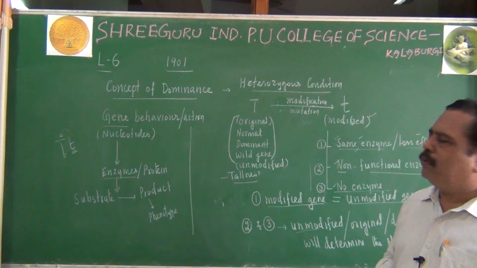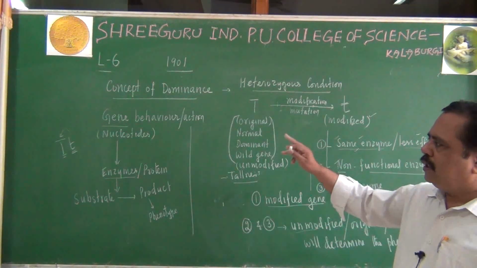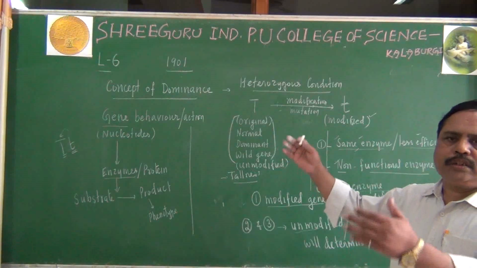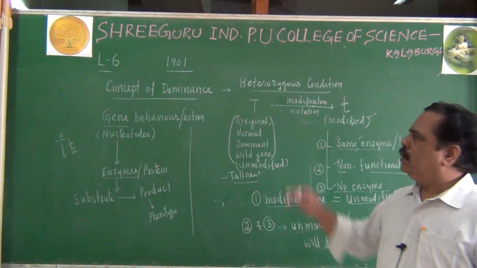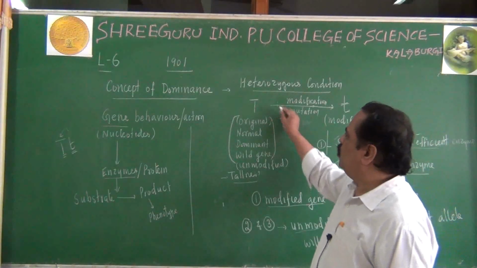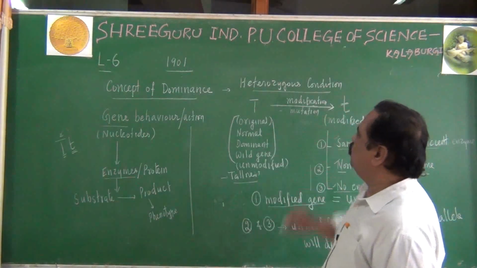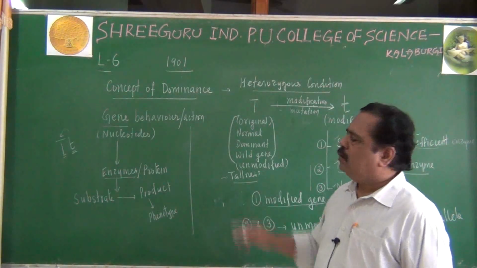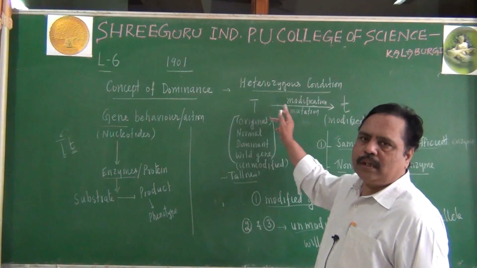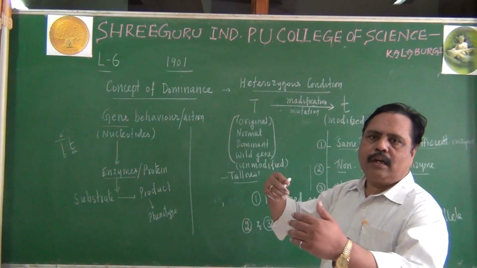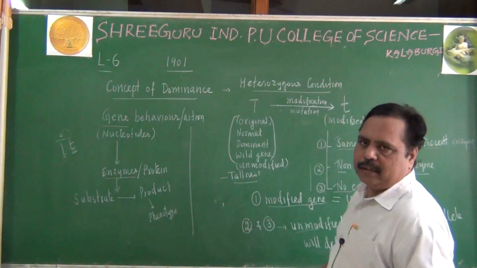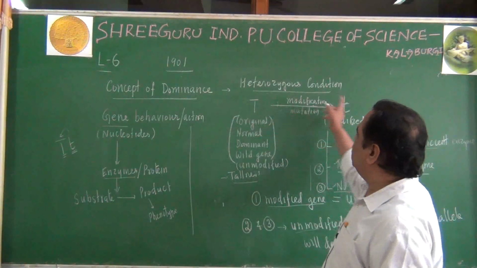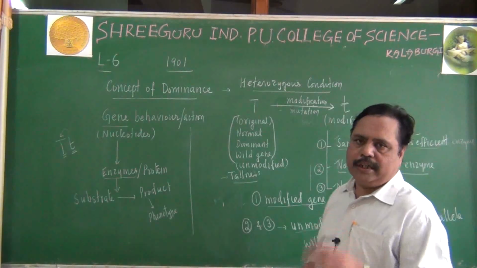What you have to remember is that a gene need not behave similarly for several generations. They can also undergo modification during evolution, and because of modification, they take different versions, different avatars. Capital T has taken one version called small t.